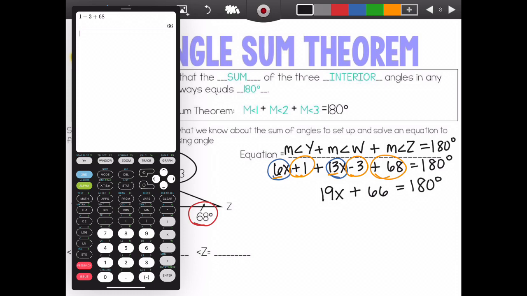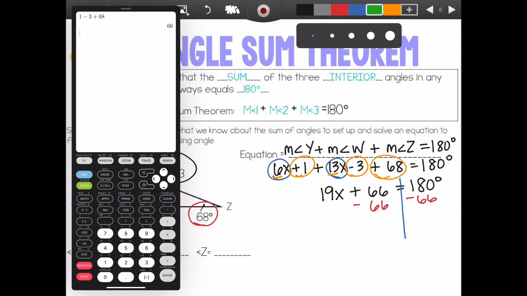Okay, now that I've combined all my like terms, I can go ahead and solve for x. So here, I'm going to subtract 66 from both sides. I'm going to use my calculator. 180 minus 66 gives me 114 on the right.